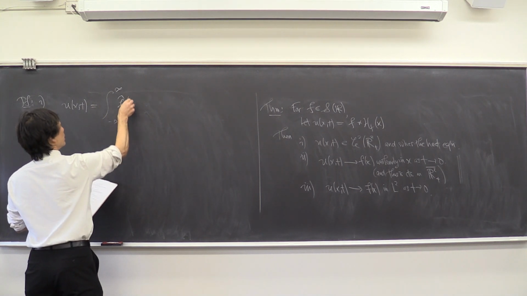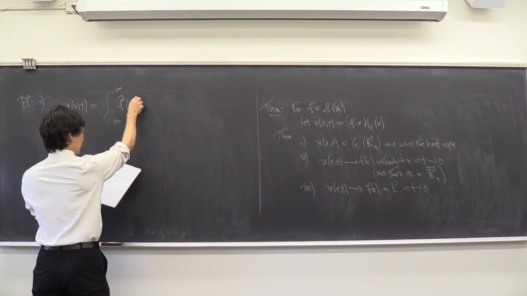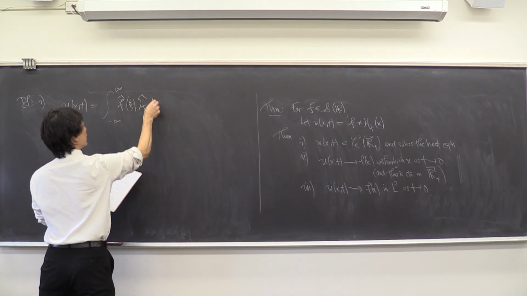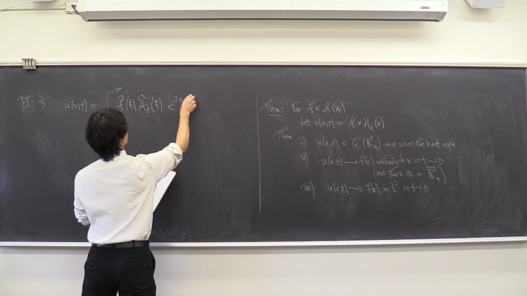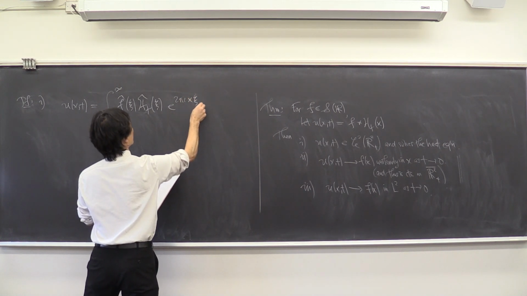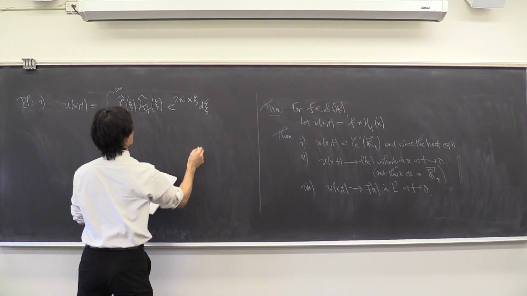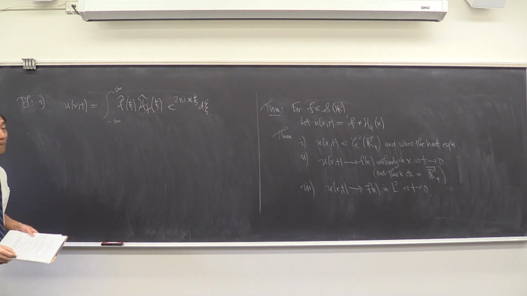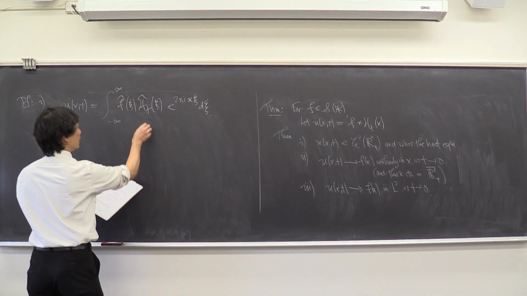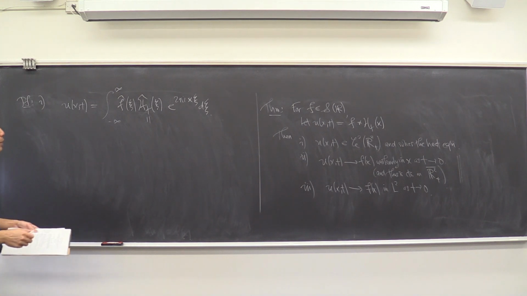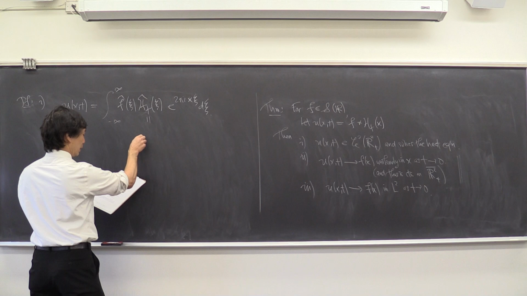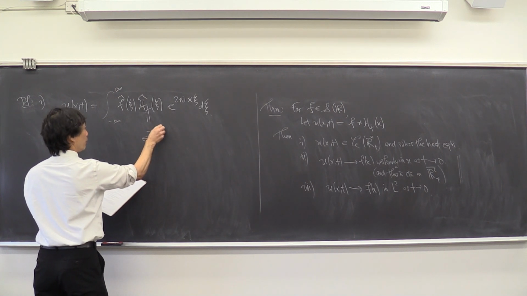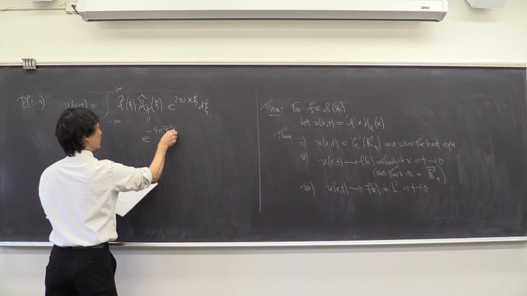Here's the Fourier transform, h hat sub t of xi, and we take the inverse Fourier transform of that. And remember that this thing was chosen so that its Fourier transform would be e to the negative 4 pi squared xi squared t.